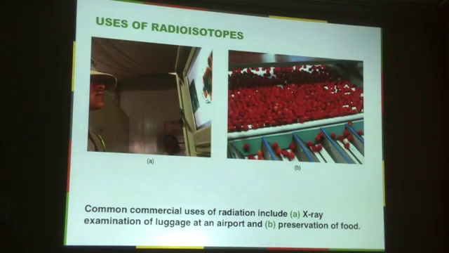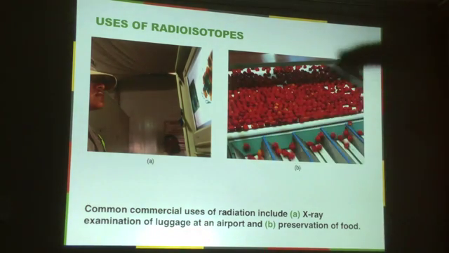Now, in addition to treating people and treating tumors, and in addition to using these scans in order to image certain parts of the body, radiation can also be used to disinfect or preserve food.